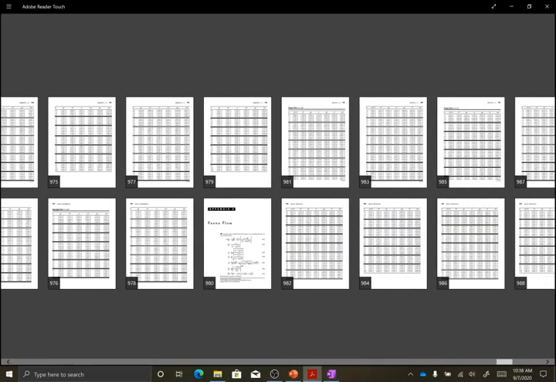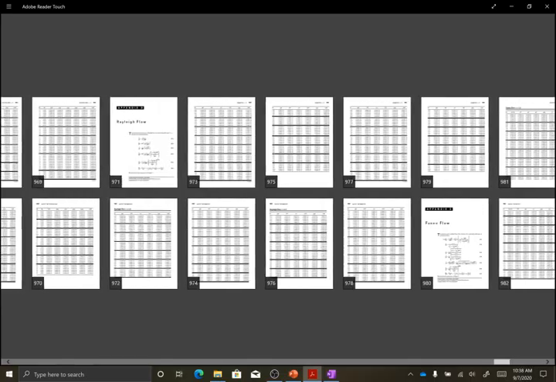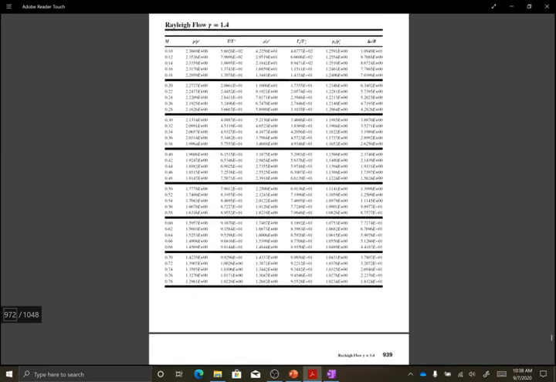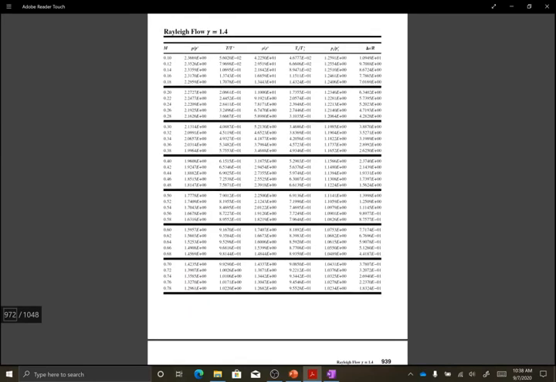It's going to be your appendix D. As you can see, you have M in the first column. You have P over P star, the pressure over the pressure at the sonic condition, T over T star, rho over rho star, and also the total pressure and temperature ratios and delta S over R.